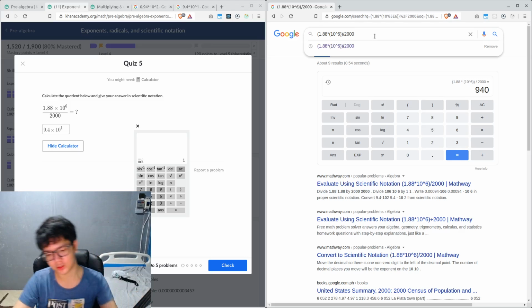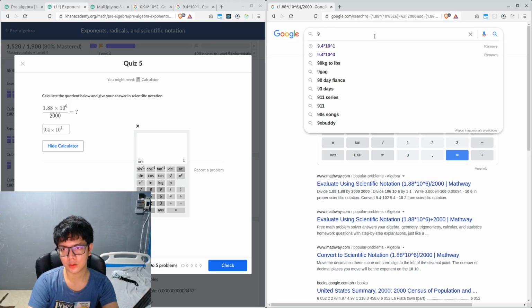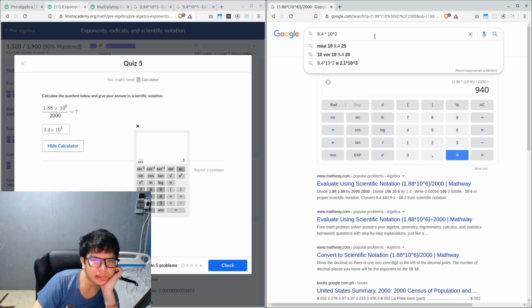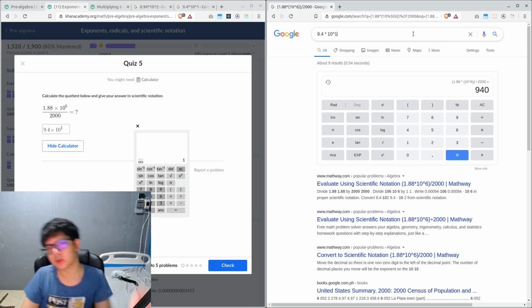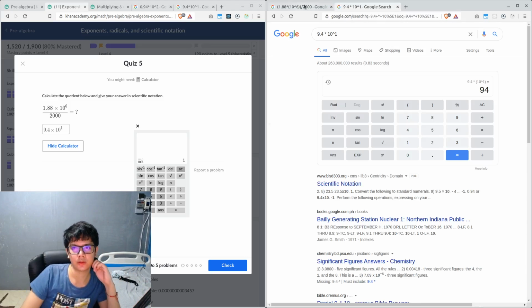Of course, then if we make it scientific, then we have 9 times 4 times 10 raised to 1. It's raised to 1. This is 94 though.